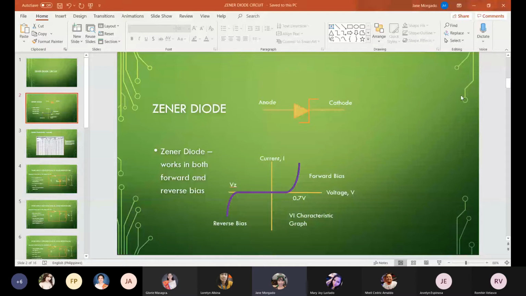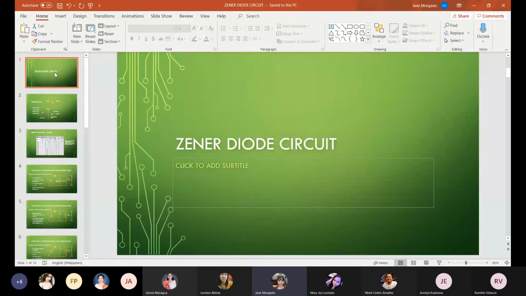Okay, so again, good evening. We have our new topic, Zener diode. Yan, experiment nyo, 1 and 2. So, it's ordinary diode or rectifier diode. Ito naman is another kind of diode, Zener diode. Pangatlong diode na ito, because the second one is LED, light emitting diode.